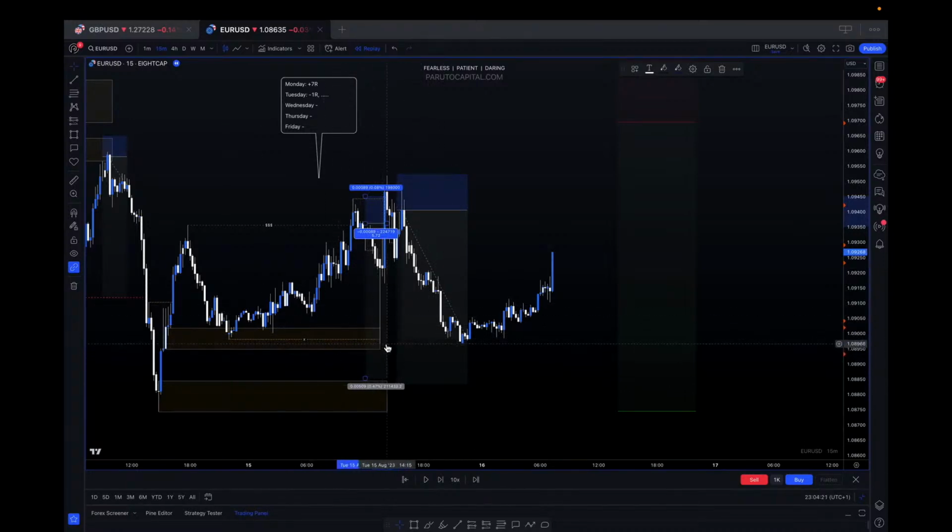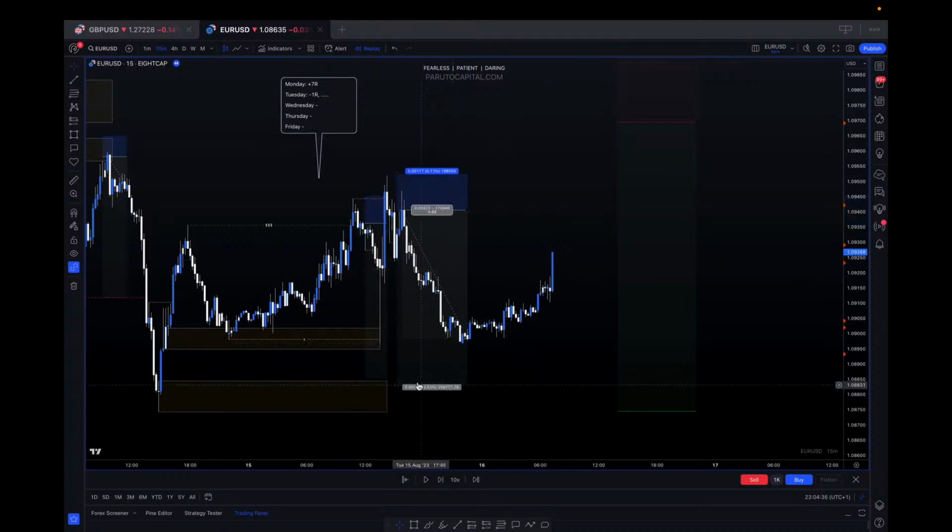So price can simply just come around this area, and since this is a sweep of liquidity, price will just respect it, and then we can get that reversal to the upside. So that's actually something to bear in mind.